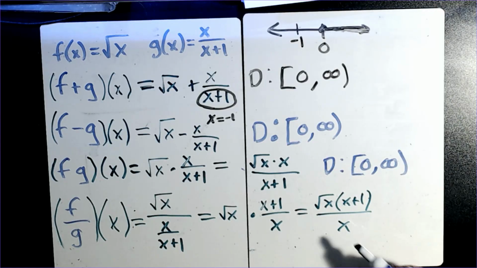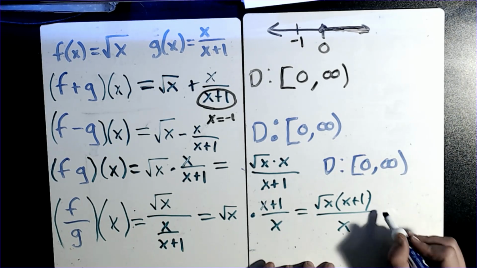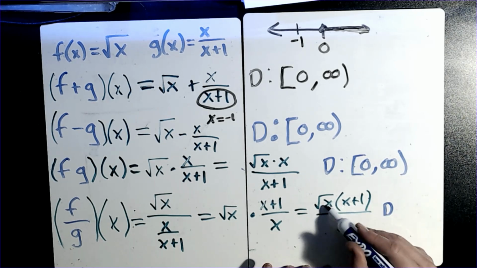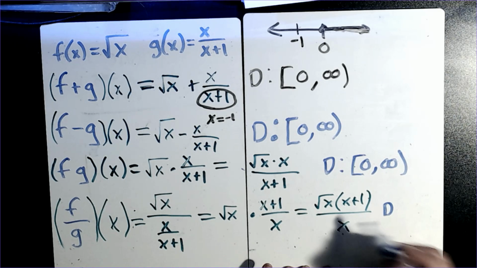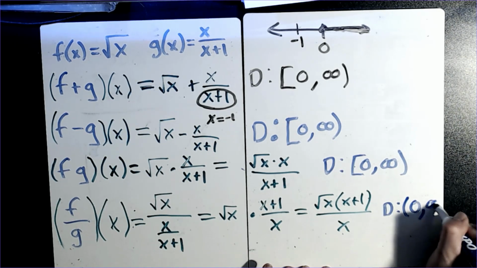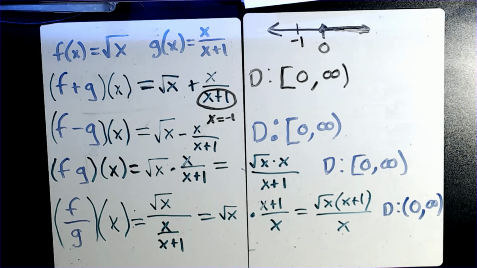We have to avoid 0, otherwise if we plug in 0, we get 0 in the denominator. That doesn't make sense. So the domain is very similar to what it was before. It has to be bigger than 0, but not equal to 0. So we just have parentheses from 0 to infinity, and that would be our domain there.